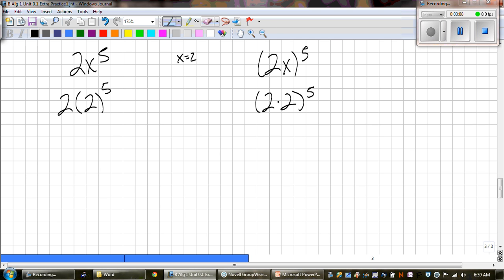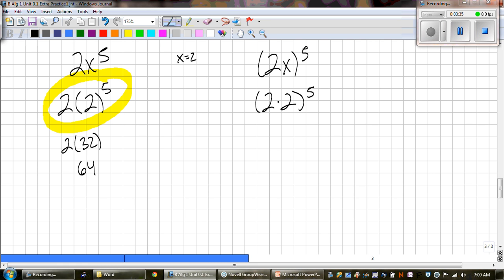So I'm going to look at over here. There's nothing to do inside parentheses, so we have to do 2 to the fifth, which is 2 times 2 times 2 times 2 times 2. Well, 2 times 2 is 4, 4 times 2 is 8, 8 times 2 is 16, 16 times 2 is 32. Okay, so 2 times 32, and then we get 64.